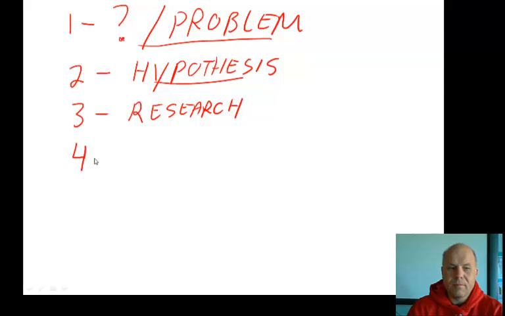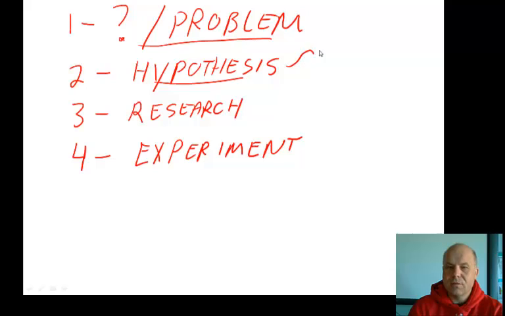Next step. Once we've discovered that this hasn't been answered, there's no answers to it, and our research tells us that, we go on to doing an experiment. And this is where you're going to test your hypothesis. Okay, and remember that a hypothesis, for it to be solid, it has to have 3 parts. It has to be if, and, because.